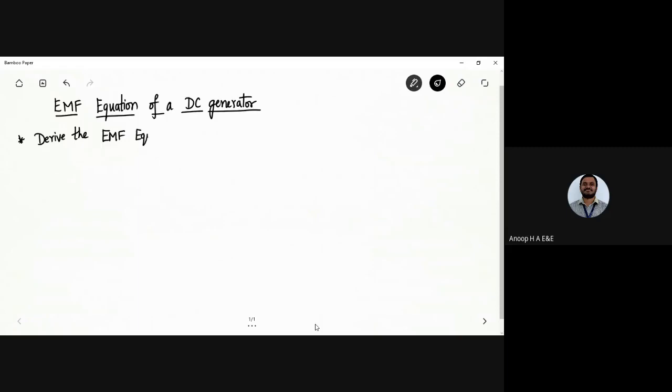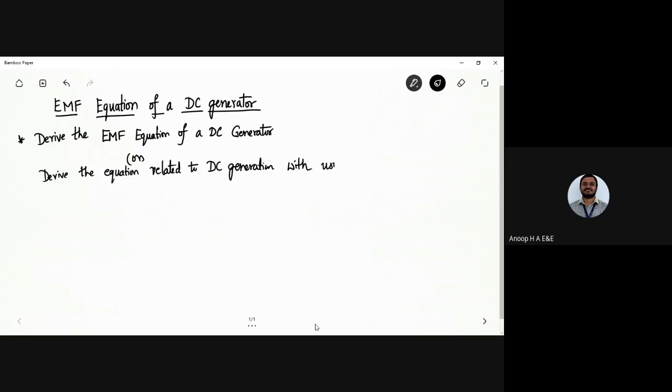Or you might be asked to derive the equation related to a DC generator with usual notations.